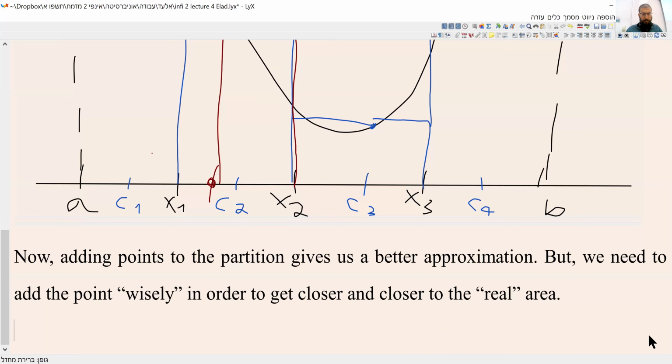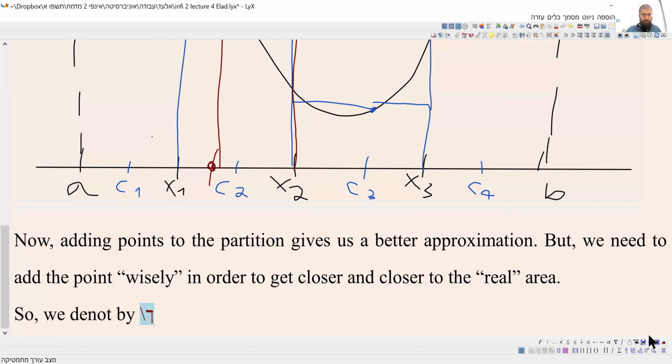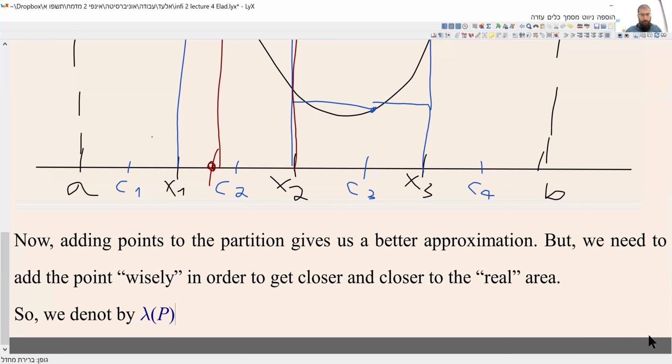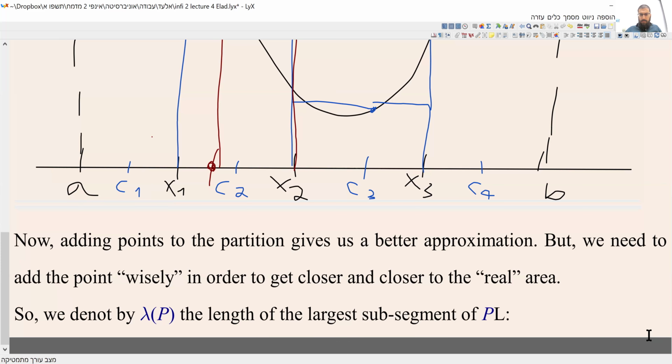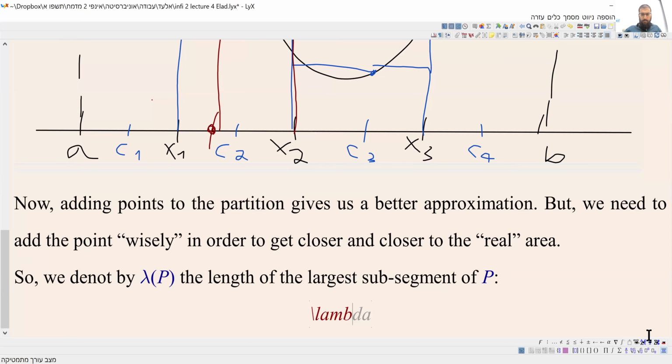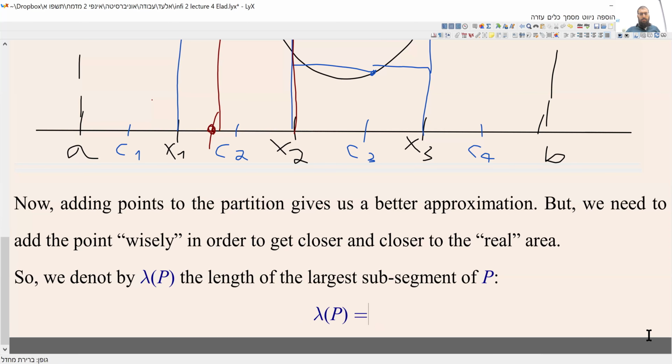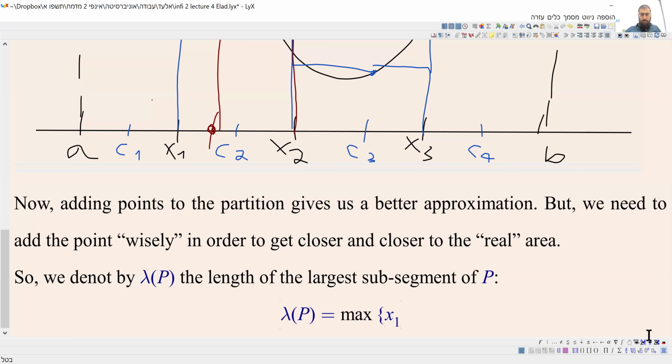So we denote by lambda of P the length of the largest subsegment of P, which is actually the maximum of x1 minus x0, x2 minus x1, and so on, up to xn minus x(n-1).